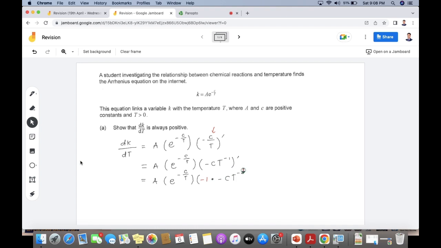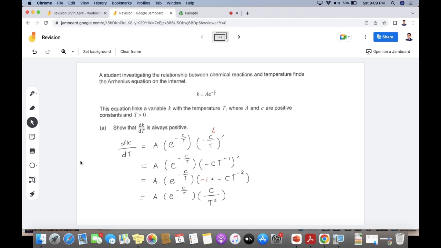Okay, so if we try to simplify this, this is now equal to a times e to the power of negative c over t, multiplied with two negatives becomes positive c over t squared. Or if you want, you can retain it as t to the power of negative 2. It's still the same thing.